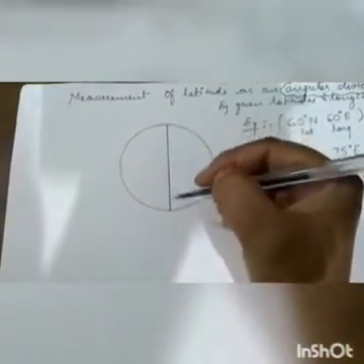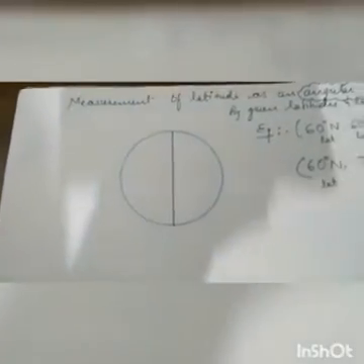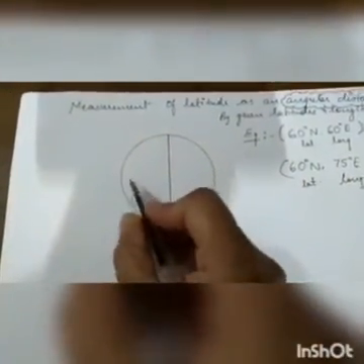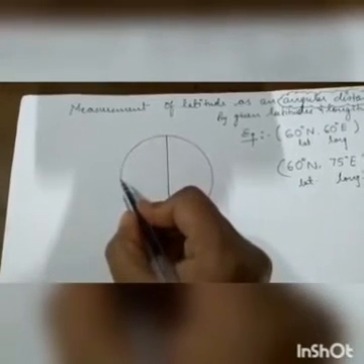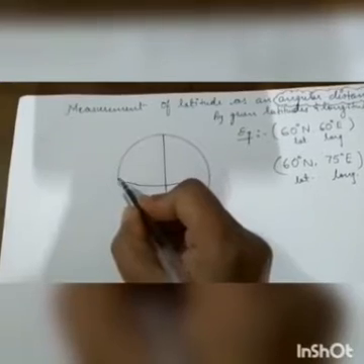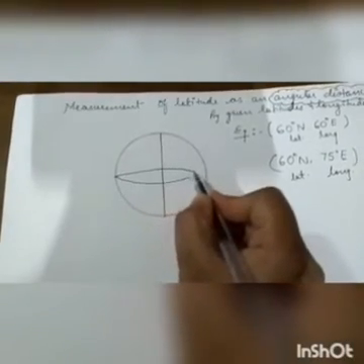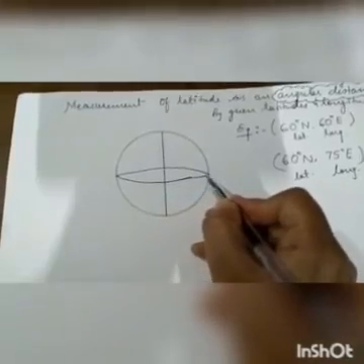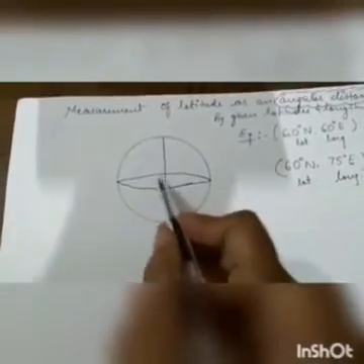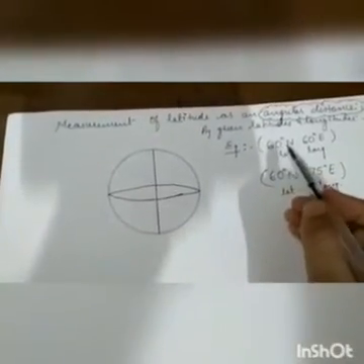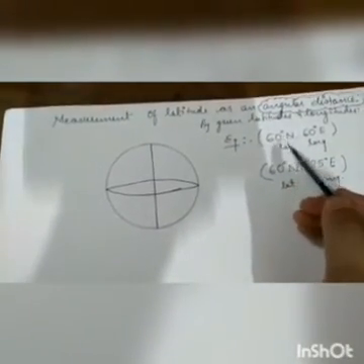Now see, this is the earth, and we know that this line is your prime meridian, right? Now here we are going to mark 0 degree longitude. That's the equator, this is your 0 degree latitude. Now you have to mark 60 degree north latitude.